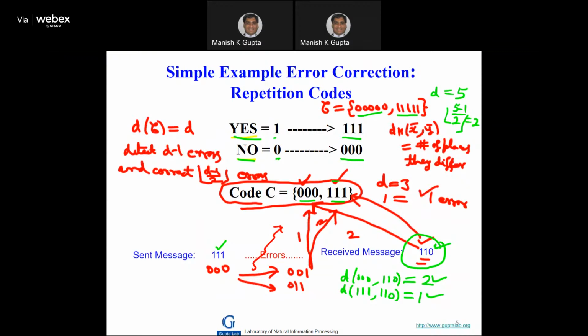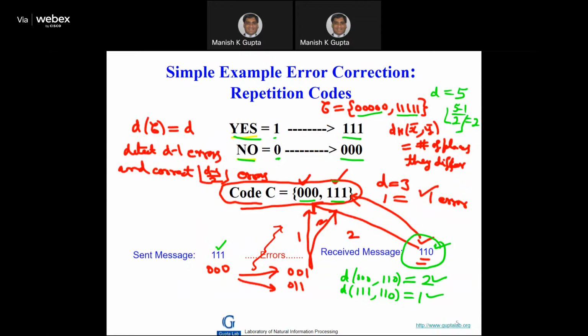We talked about error correcting codes briefly. If you remember the last classes, whenever we want to encode yes as a 1 bit, we repeat it 3 times, and 0 as 000, 3 times, and this code 000, 111 was able to correct a single bit flip. If 0 is flipped to 1 or 1 is flipped to 0, you will be able to correct. Why? Because the distance of this code is 3.